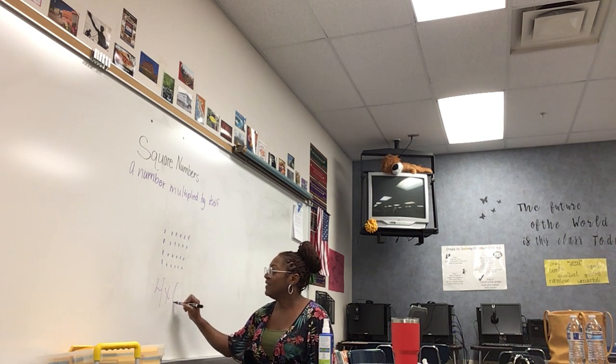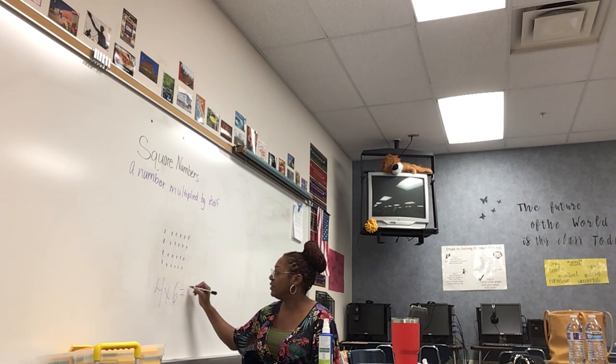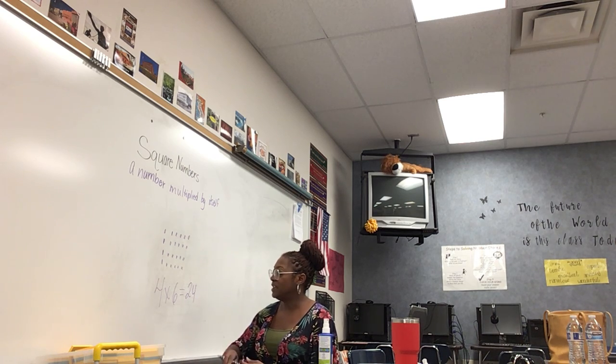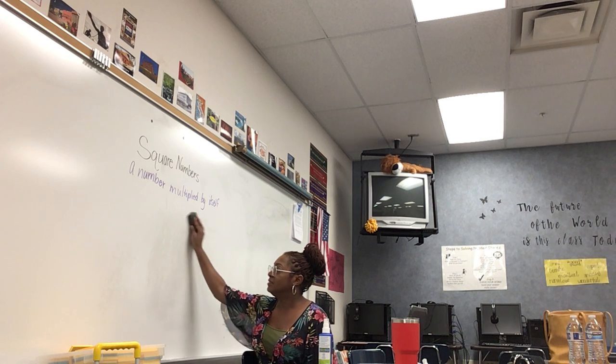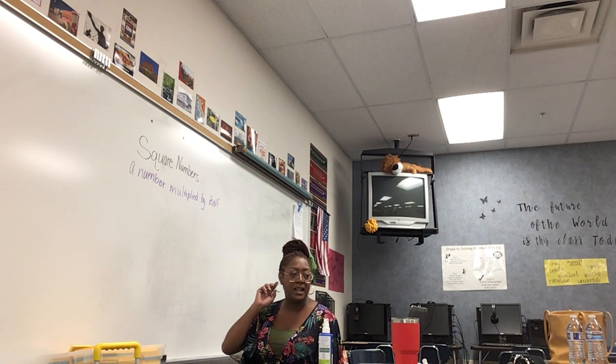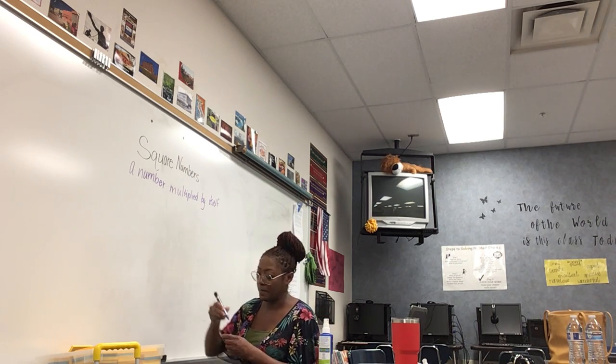Jaden, what is 4 times 6? 24. Let me give you another array, because you're going to be working on arrays and square numbers tomorrow. Today is just square numbers. Ready?